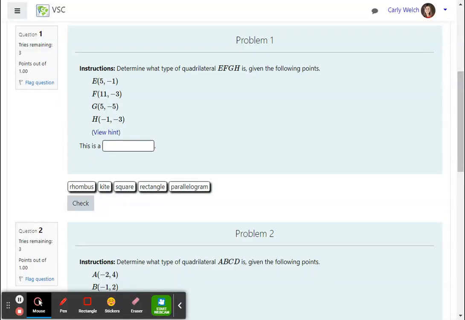All right, so all 4 sides are equal, 40, 40, 40, 40, and my diagonals are not. All 4 sides being equal means it has to be a square or a rhombus. Squares have diagonals that are equal, a rhombus does not. So this makes that a rhombus.